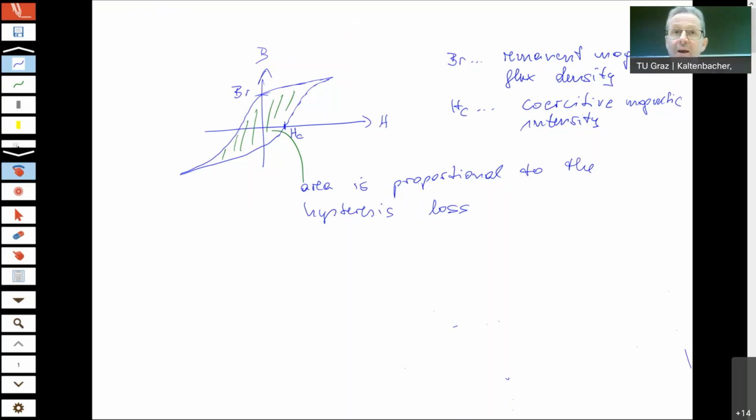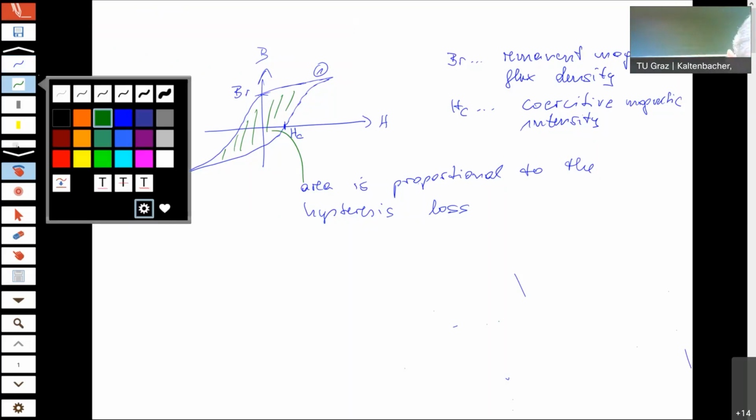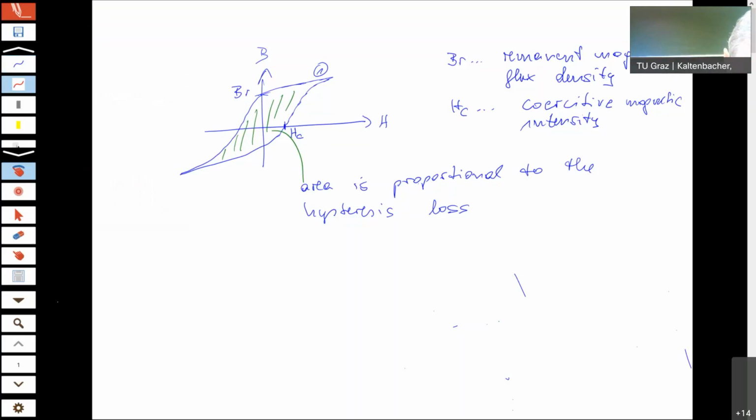But you also see it's a question of the amplitude of your excitation. This perhaps is excitation 1. If you have a larger current, then you will be able to drive the ferromagnetic material even to saturation. Perhaps I take this red one.